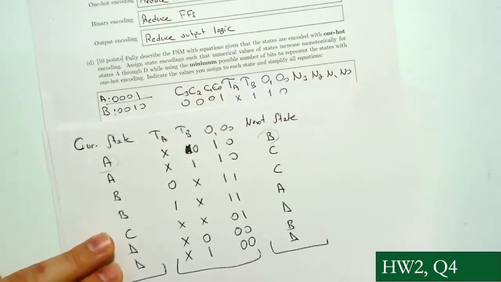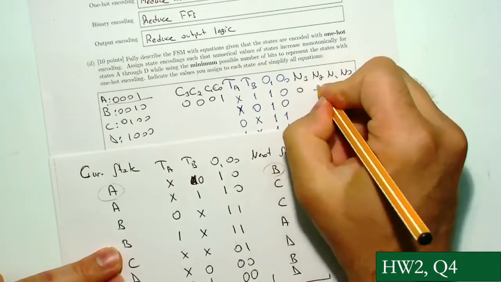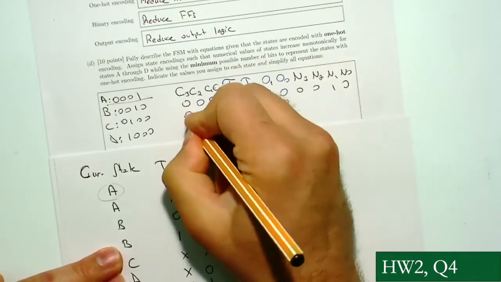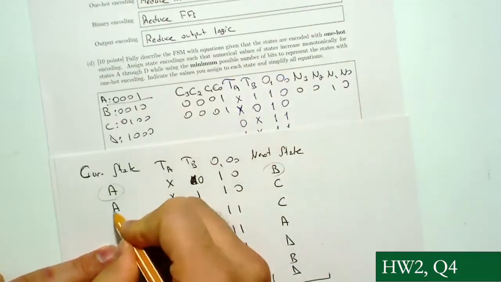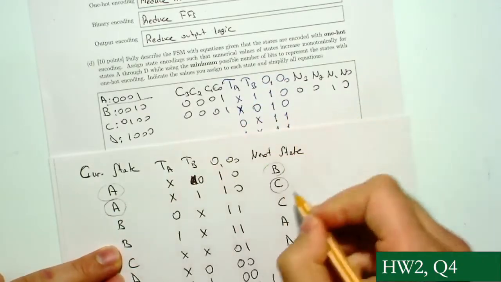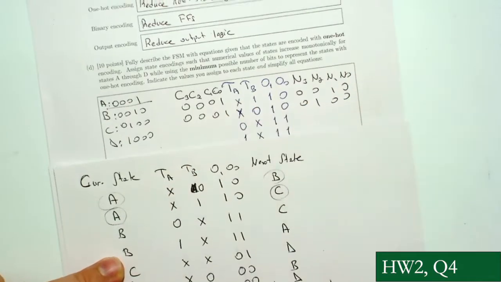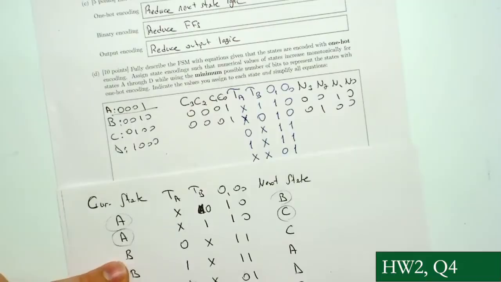And the next state was B, and I represent B as follows. And again, A, because I have A here. And the next state for this one will be C. And I think you kind of got the rest.